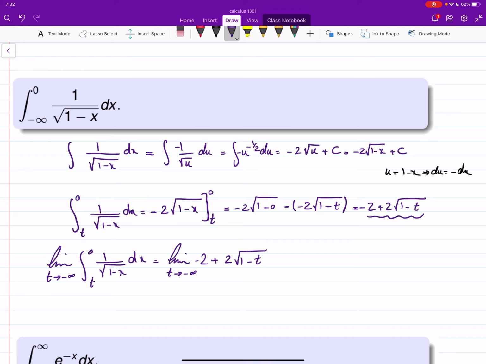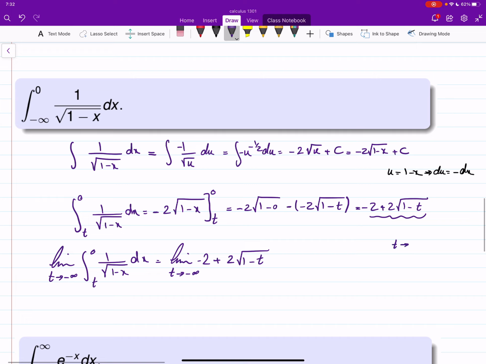As t goes to negative infinity, negative t will go to plus infinity, 1 minus t will go to plus infinity, then the root of 1 minus t will go to plus infinity, and then you subtract 2, it's still going to be plus infinity. So this is divergent. And divergent integrals don't have a value, so I don't need to put any value there.